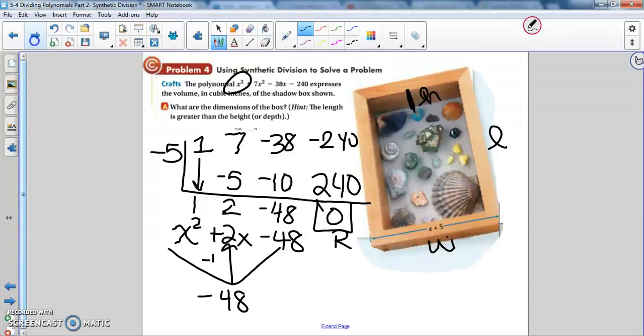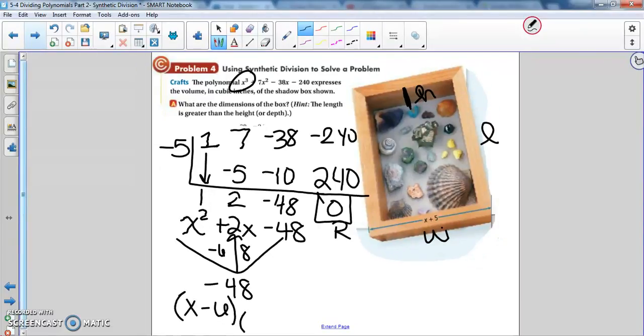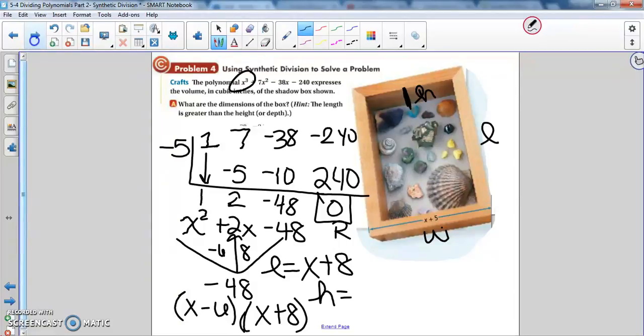I'm going with -6 and 8. Therefore, I have x minus 6 and x plus 8 as my height and length. But I know that my length is greater than my height, therefore making x plus 8 equal to my length and my height equal to x minus 6. My width is still x plus 5.